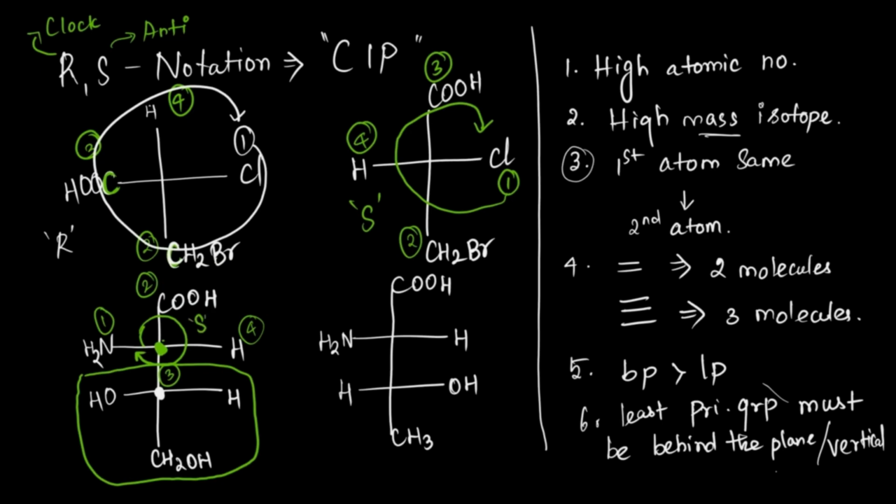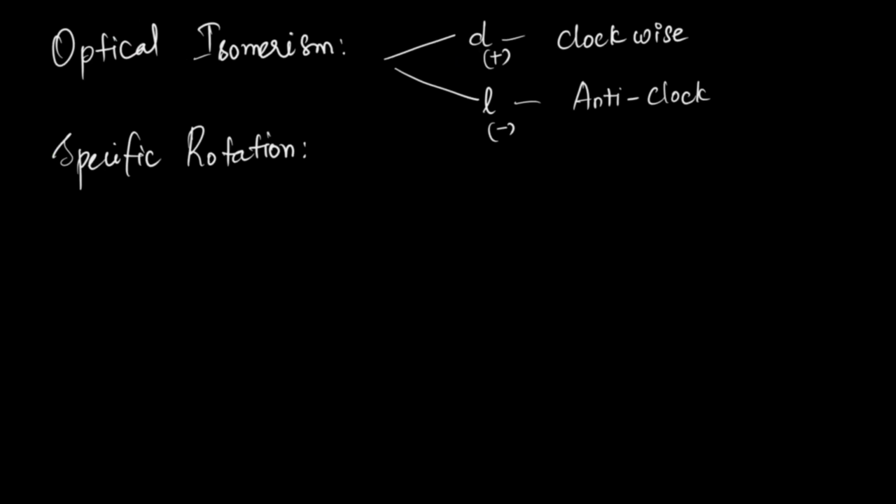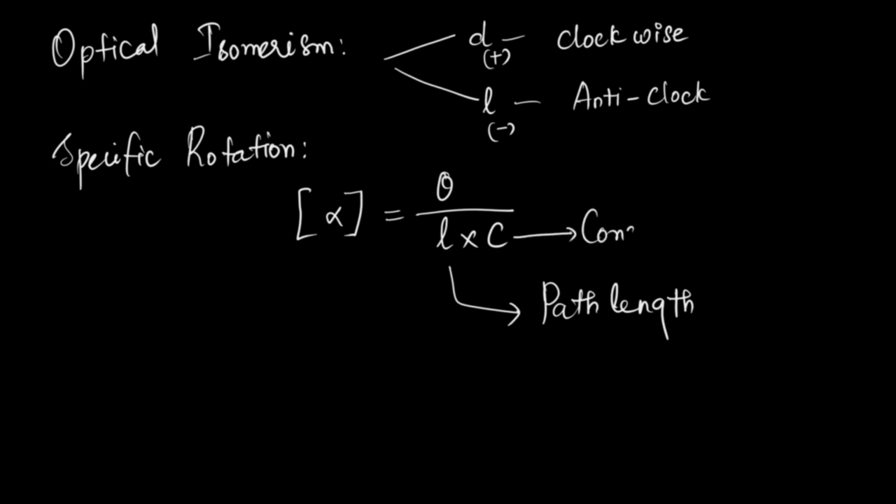So let's take another topic: the number of degrees of rotation observed when the compound is passing plane polarized light. How much rotation is it showing? Here we have the formula for that. Specific rotation alpha is equal to theta divided by L into C. Here L stands for path length and C stands for concentration.